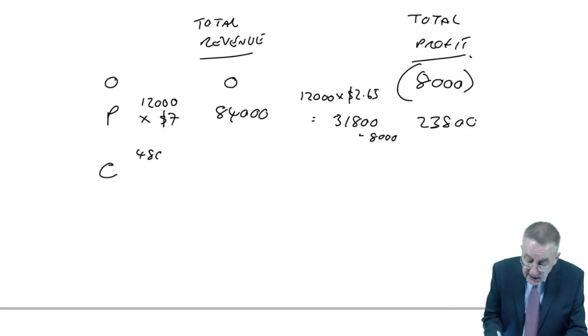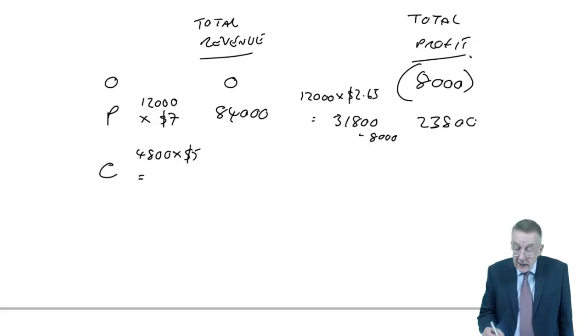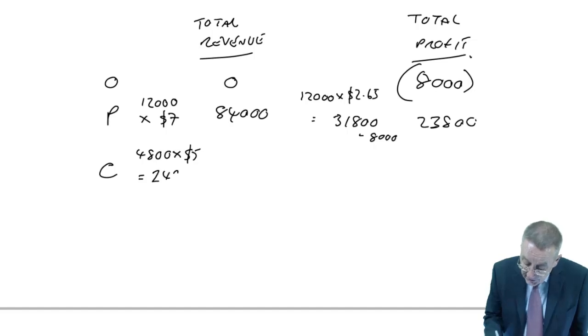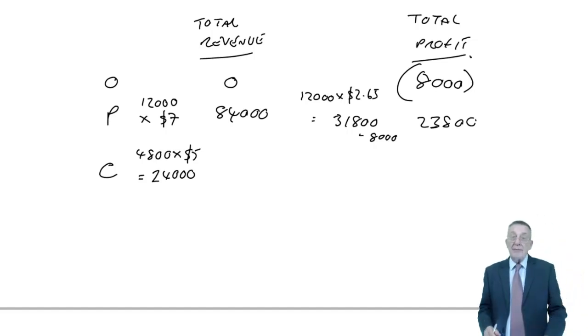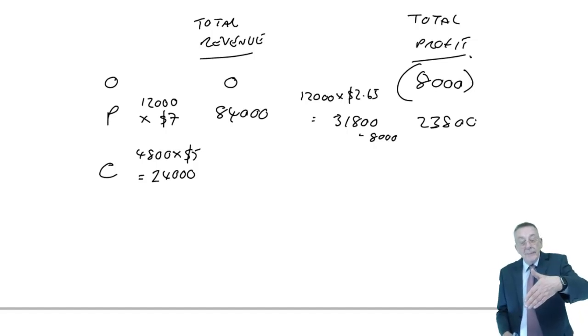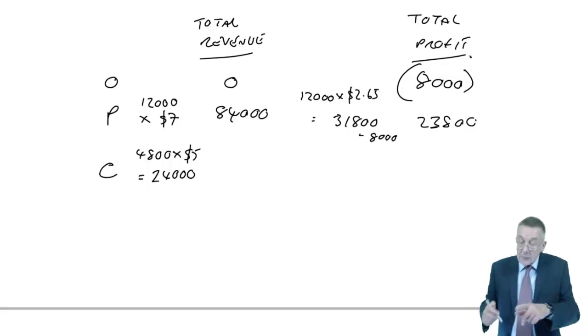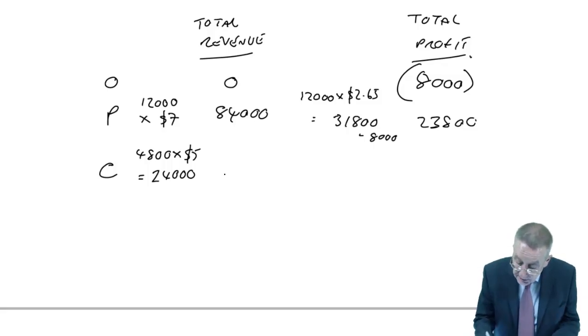Well, it's 4,800 Cs that we can sell. It's $5 each. And so that would give us 24,000 extra revenue. So we'd already got 84. Selling Cs takes us from 84 up to a total of 84 plus 24, 108,000.